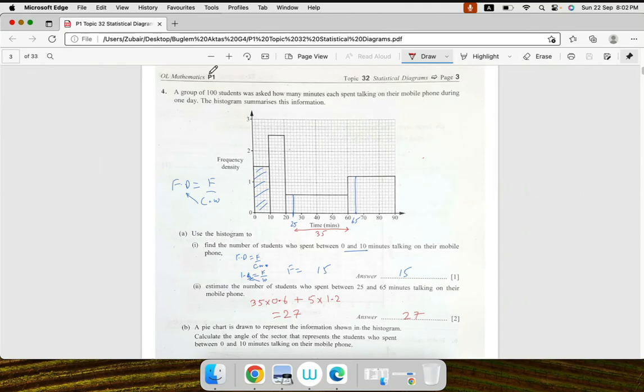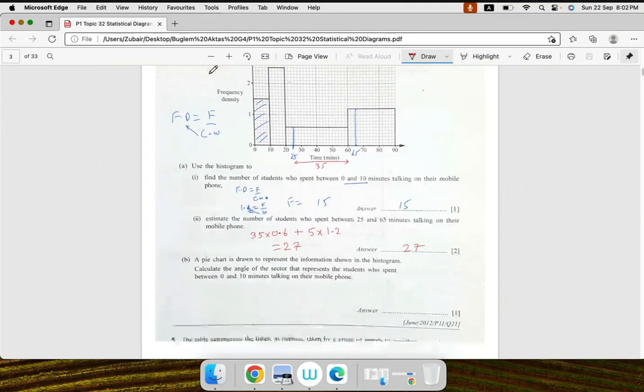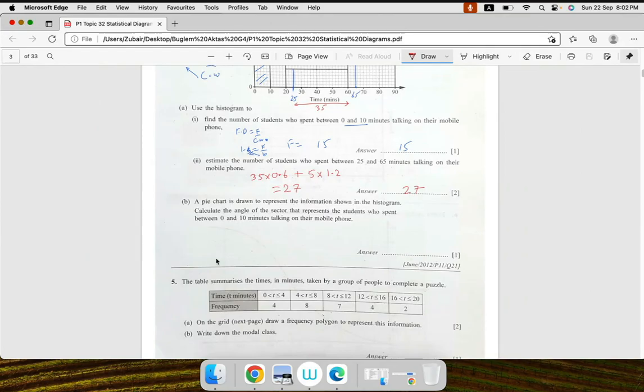Fifty-four. Correct. Did you just calculate all of those students? Because they were 15 out of... I just did 15 out of 100 times 360. That's good. There's totals given in the question.